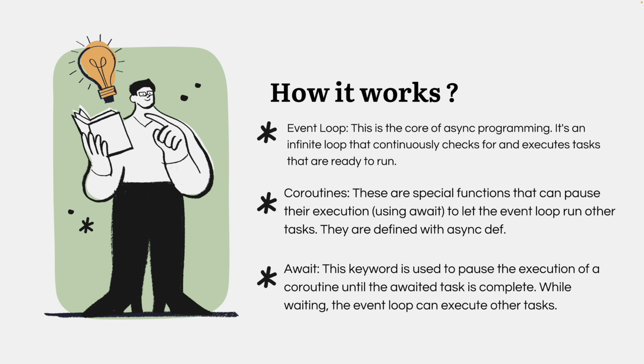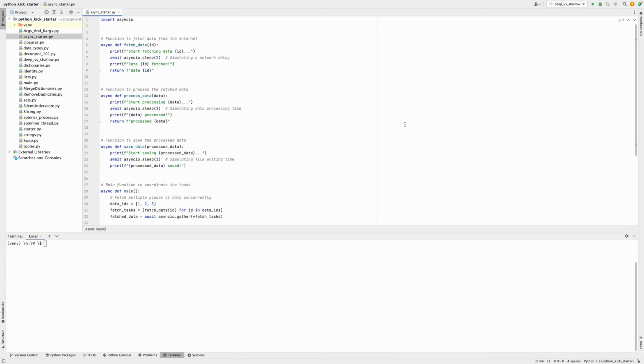So let's enhance our understanding by simulating a more realistic scenario where we fetch multiple pieces of data concurrently, process them, and save them in a Python program. Let's understand this Python example. I have already created this Python example which is doing three different things.